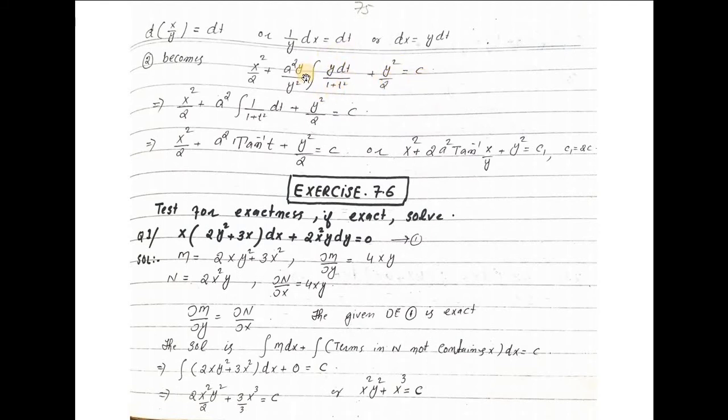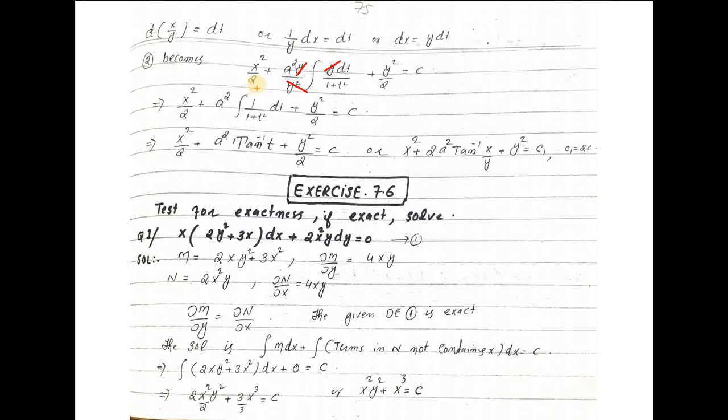Here this y and this y will be y square, and it will be cancelled with y square. So we get x square divided by 2 plus a square times the integral of 1 over 1 plus t square dt, plus y square over 2, is equal to c.